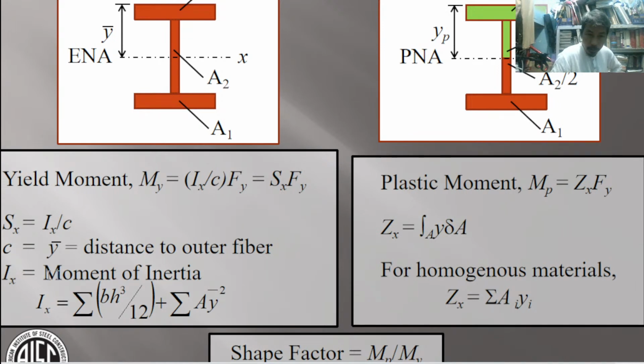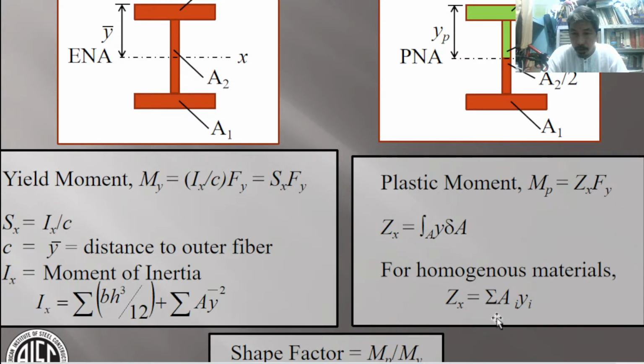And moment of inertia, as we already used time and again, is bh cubed over 12 plus A y squared, where A is the area and y is the centroid distance squared.